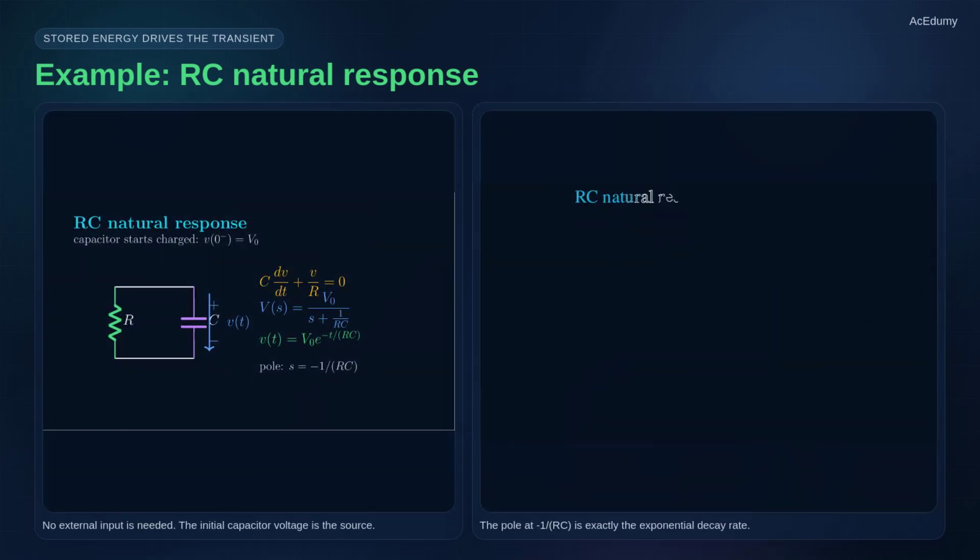Now a tiny example. A capacitor starts with voltage V0 and then discharges through a resistor R. The current through the capacitor plus the resistor current must sum to 0, so C dV over dt plus V over R equals 0.